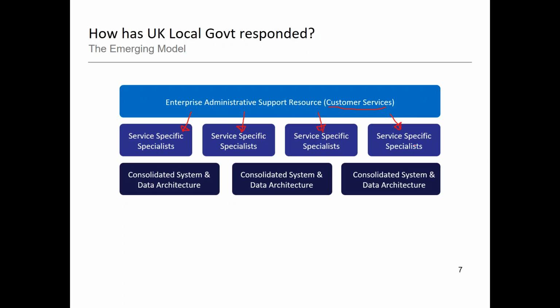So what you've got sitting behind that emergent enterprise admin support resource, customer services, call it what you will, is probably a slimmed down set of service specific functions, akin to the silo structure: environmental services, social care, revs and bens, highways, children's services, whatever it might be. Regulatory services, you can name and list a bunch of them.